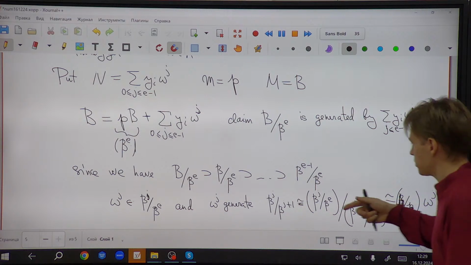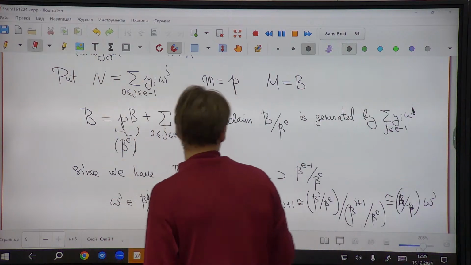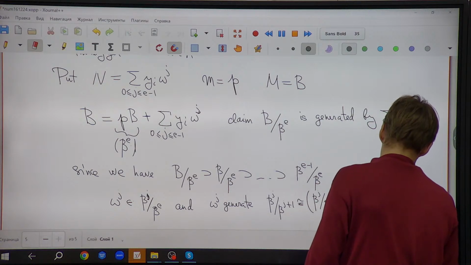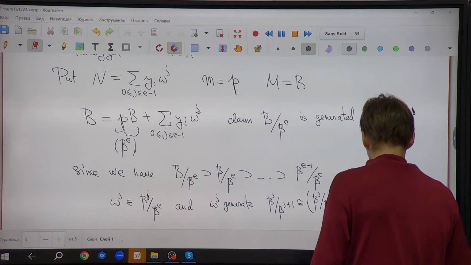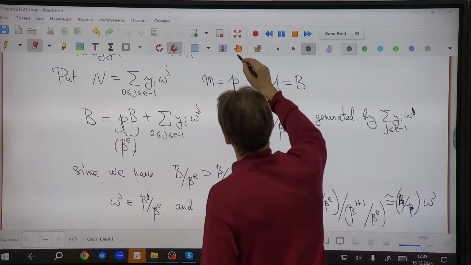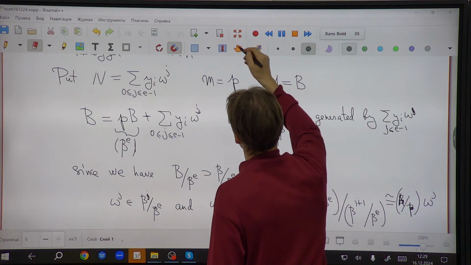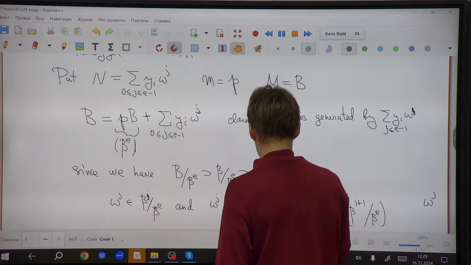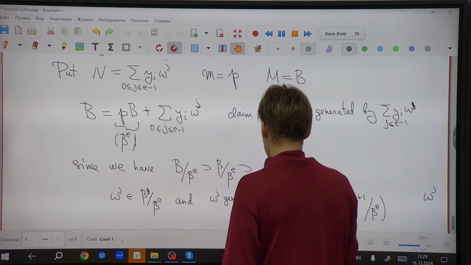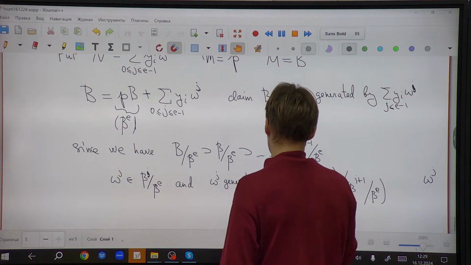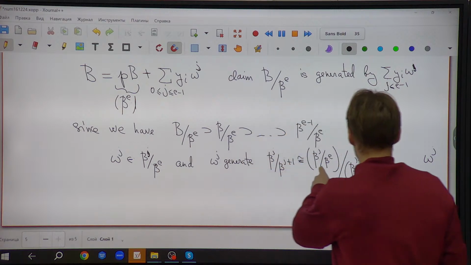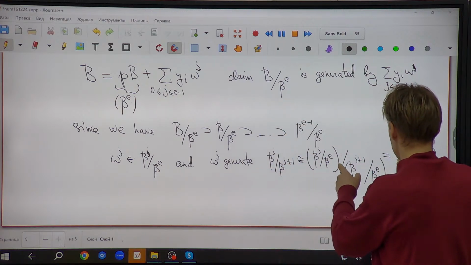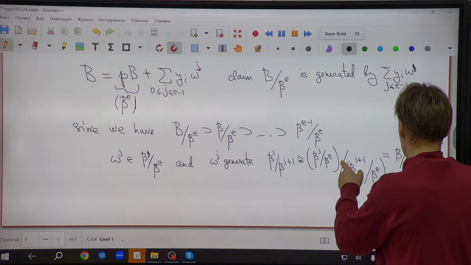And B over beta is precisely, so omega j generated, so this module is just B modulo beta, omega j.